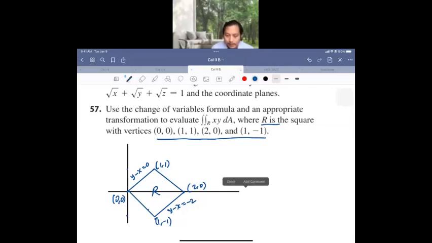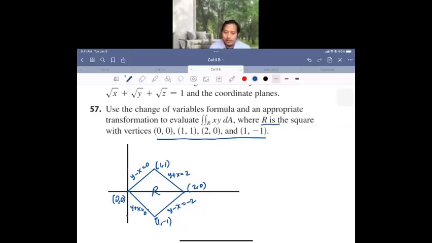And here y is negative x, or in our case, y plus x is equal to 0, and y plus x is equal to 2.